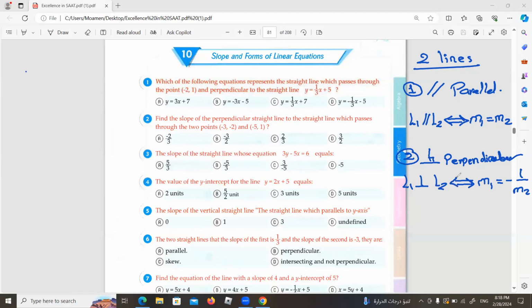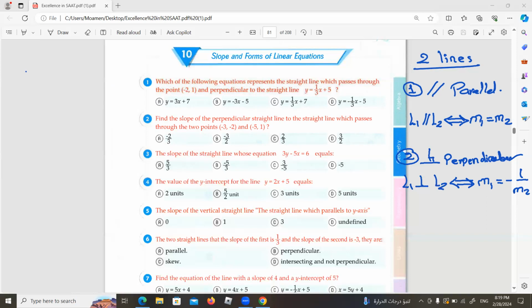And vice versa. For example, if the slope of the first line is 2 and the slope of the second line is negative half, these two lines are perpendicular. So two lines may be perpendicular or parallel, and these two special cases are related to the slope.